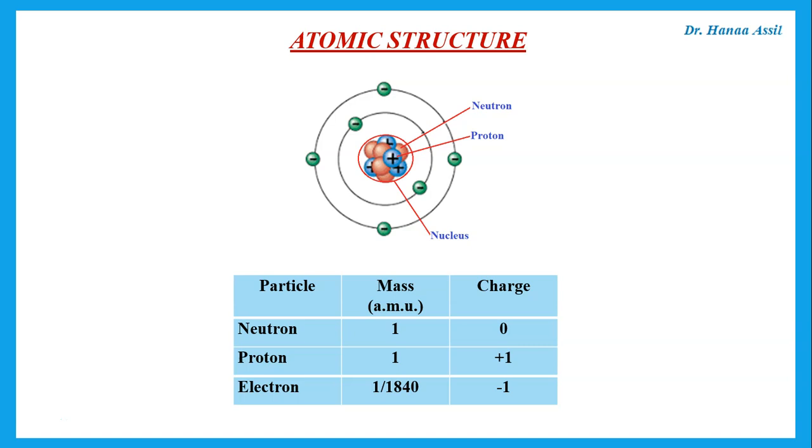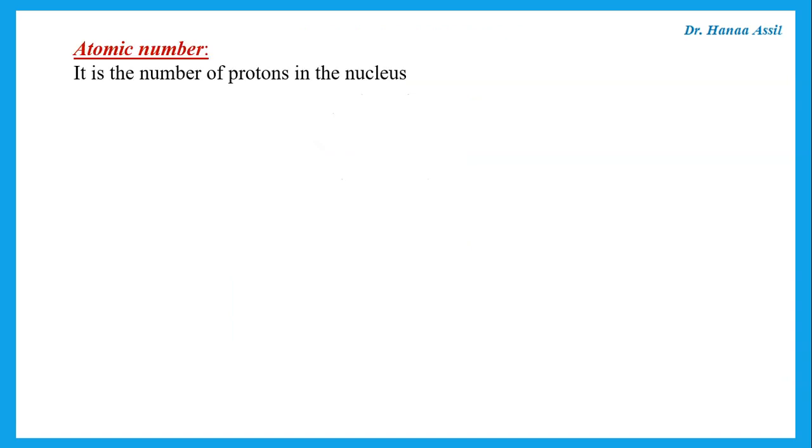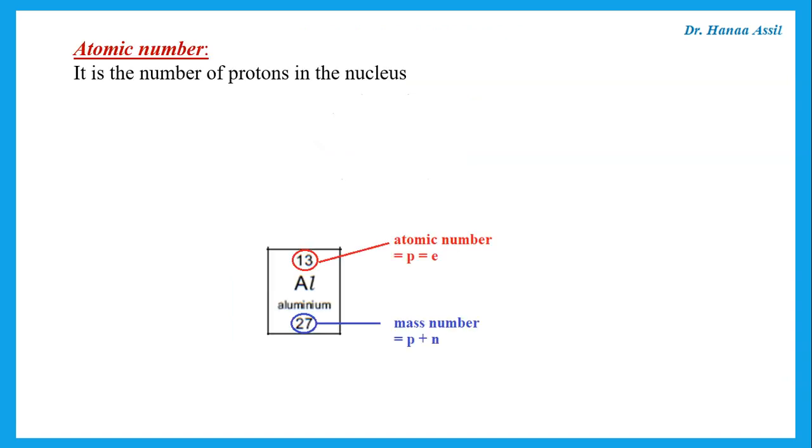The charge on a proton is +1, the charge of an electron is -1, and the electron has a very, very small mass. Remember that both neutron and proton, the subatomic particles present inside the nucleus, are called nucleons.